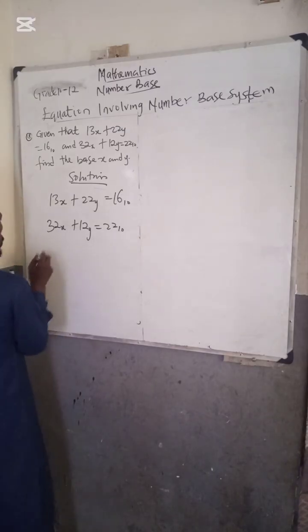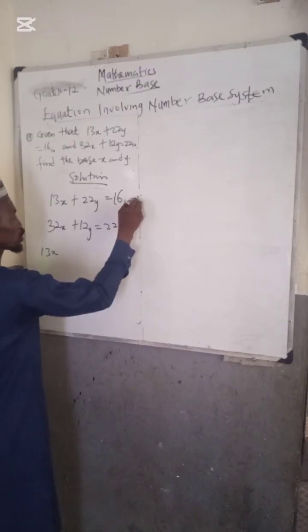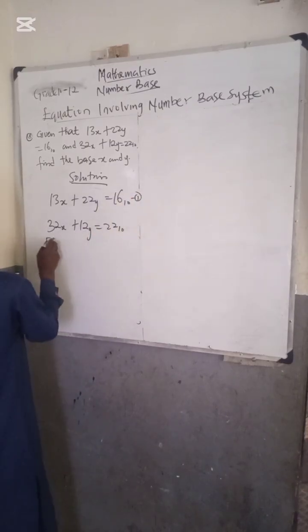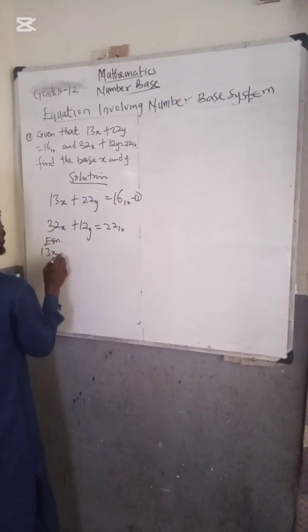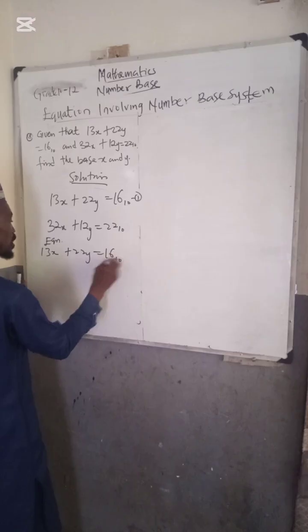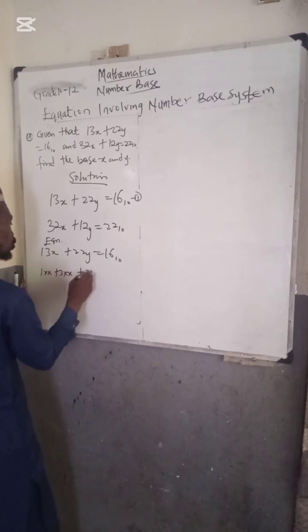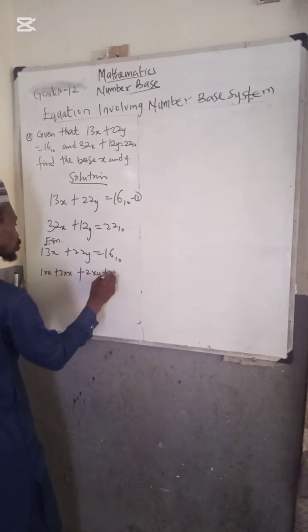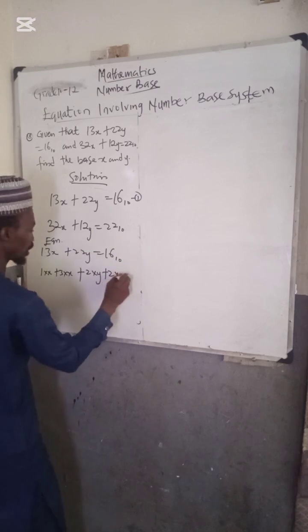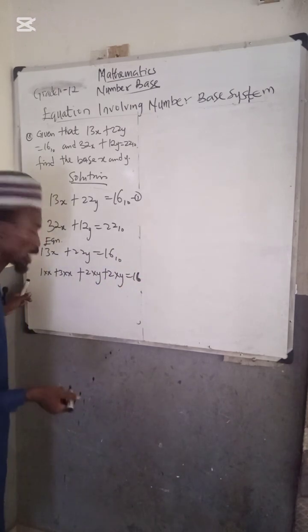Now, the first one, 13 base x plus 2 base y equals 16 base 10, that is equation 1. That is 1 times x plus 3 times x to the power 0, plus 2 times y, equals 16. This one is already in base 10, so you are not expanding anything.